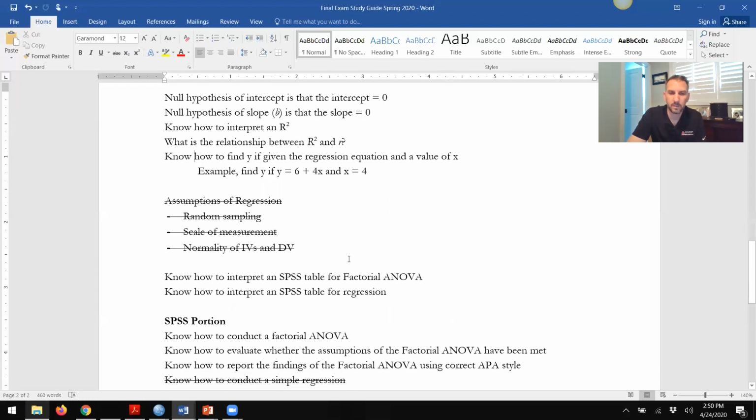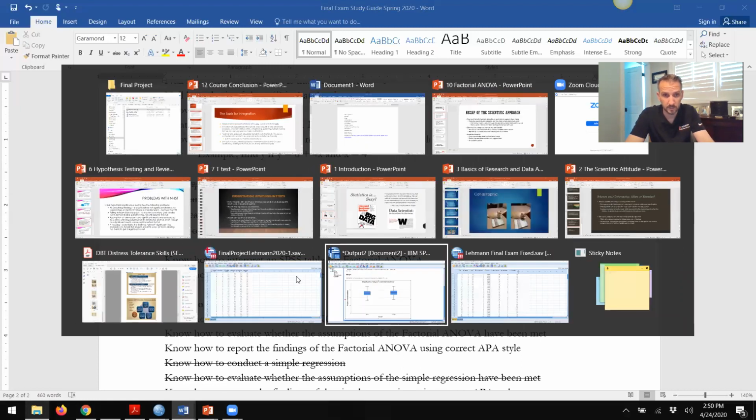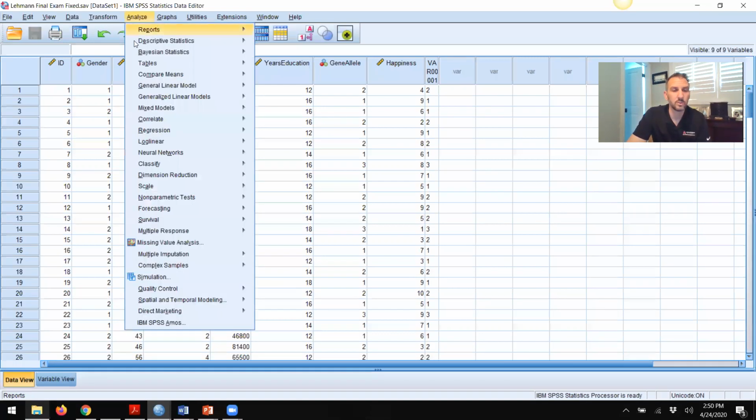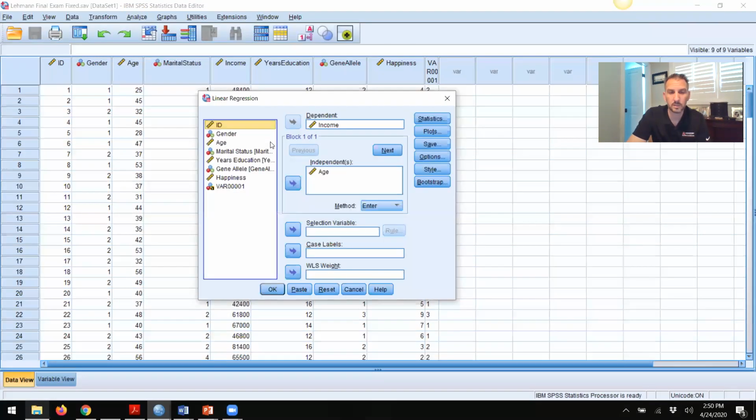And let me show you real quick a regression table. This is our data set from the final exam. If you run a linear regression, let's look at whether money buys happiness.